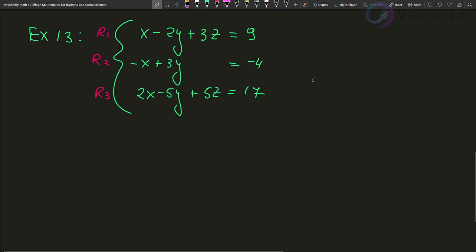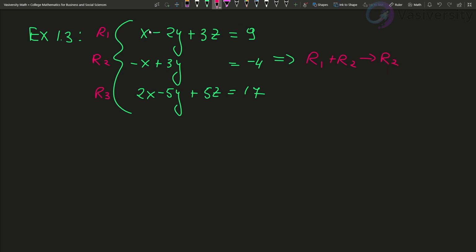So the very first thing I want to do is add equation 1 to equation 2 and change equation 2. So I'm going to have row 1 plus row 2, change row 2.